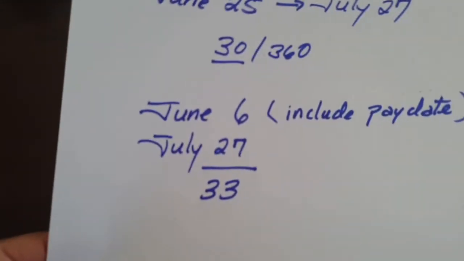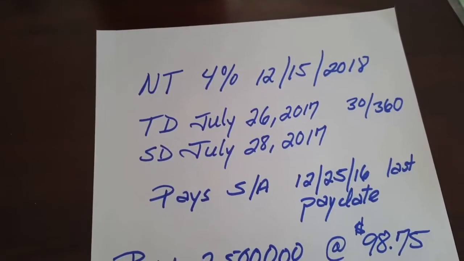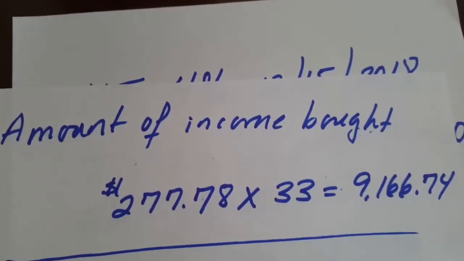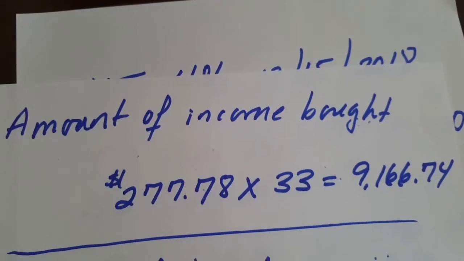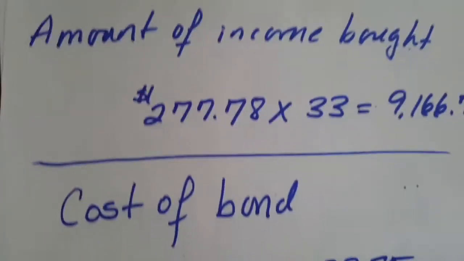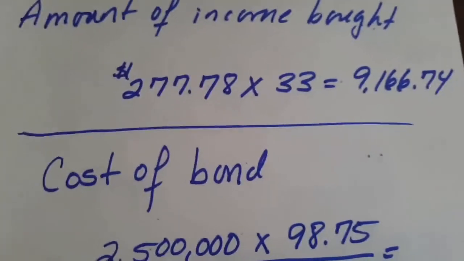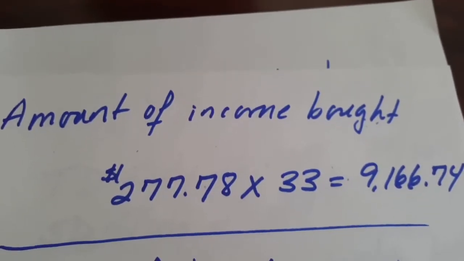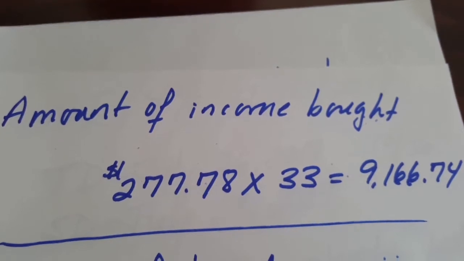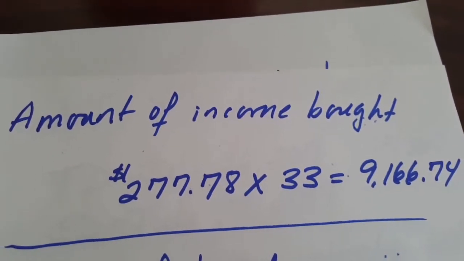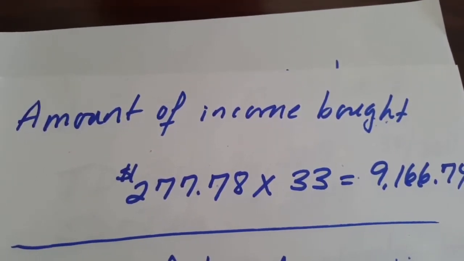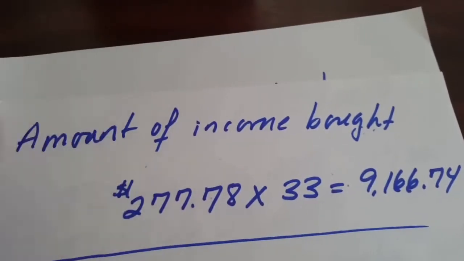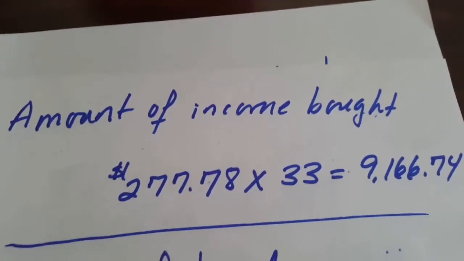Told you it was low tech. That gives me 9,166.74. So this is the amount that I'm going to include in my trade. All bond trades, unless bought at issuance, will have income attached to it. And what we now need to do is, that is actually the end of income calculations, right?